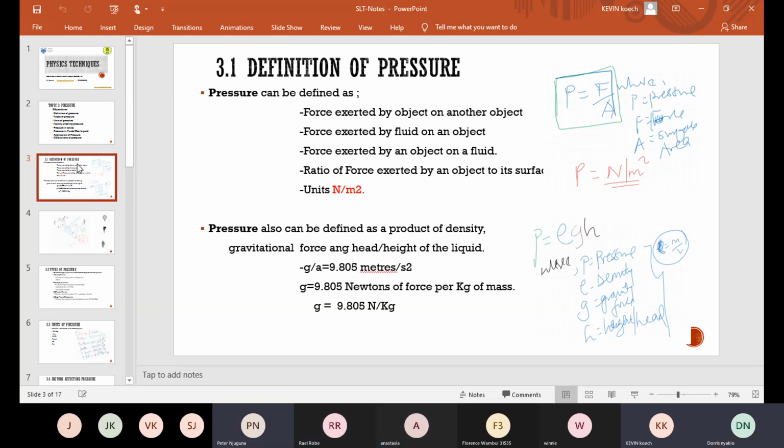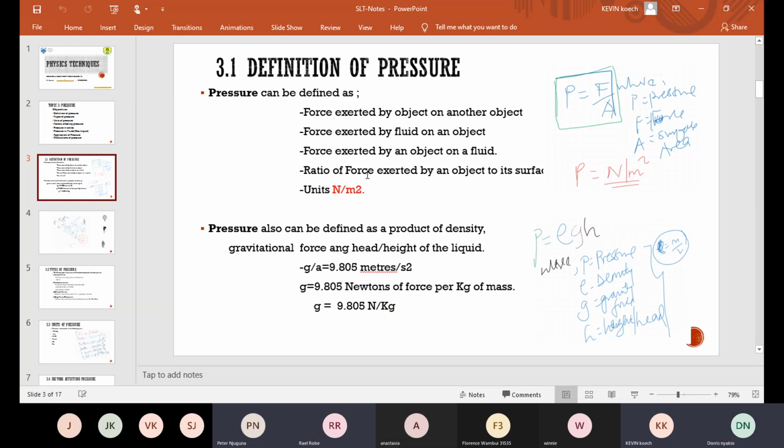So pressure can be defined in many ways. I told you this is physics. So you can use a formula, pressure P equals force over area. That is number 1. Number 2, we define pressure in terms of rho GH. Rho means density.